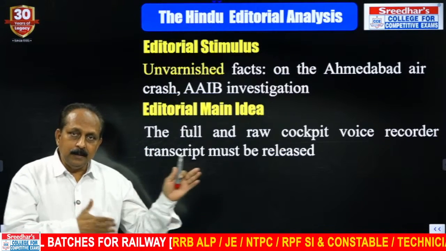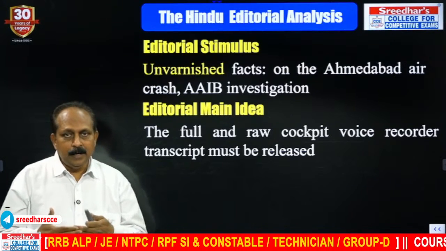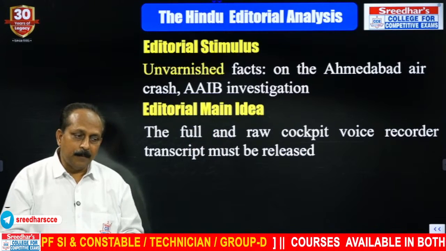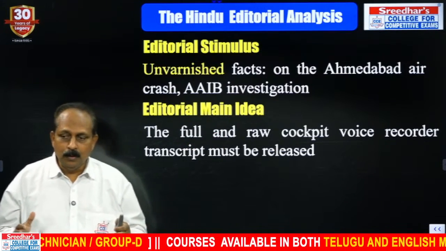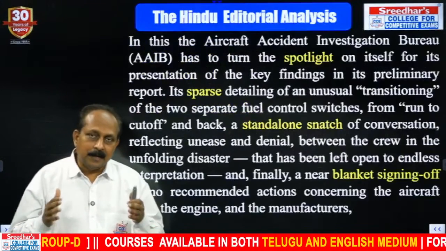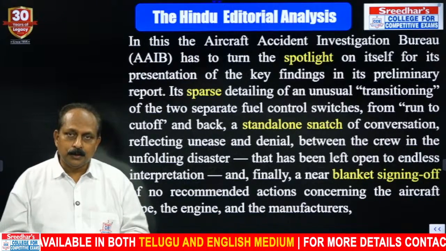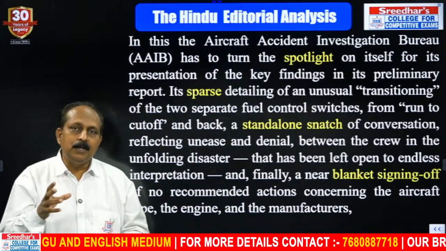Why it happened is a pertinent question here. And based on that, the source to find out how or why it happened is a particular conversation. And imagine in a conversation there are 10 sentences, but they take two sentences and release those two, not the remaining eight, then that results in some sort of speculation.